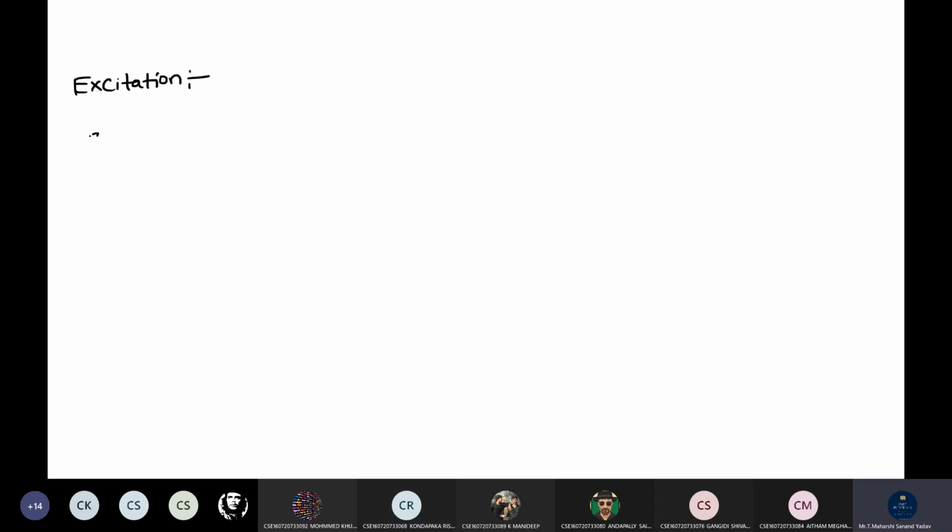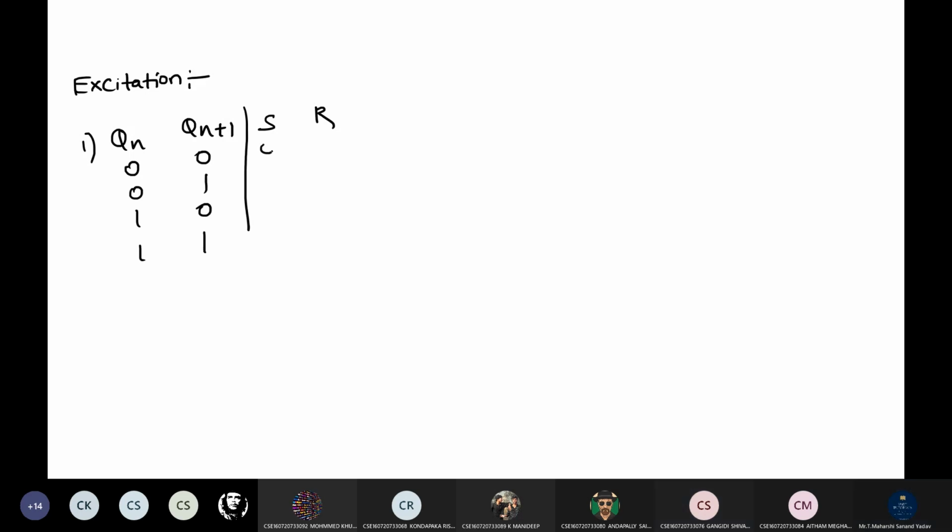Tell me the excitation table of SR. It gives the relationship between Qn plus 1 and S, R. Two unknowns, so 0 0, 0 1, 1 0, 1 1. It is 0 don't care, 1 0, 0 1, don't care 0.